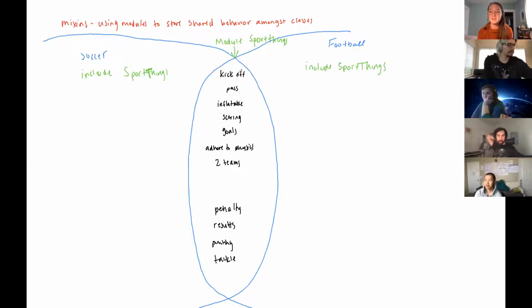So modules can also be a great way of taking out methods that you have and putting them into a module so that the class still has access to those methods, but the methods are a little more specific to what that module is named, and it allows the class to be a little slimmer. So that's another way you can use modules. But like I said, today we're mainly going to be looking at how to use them for this shared behavior.